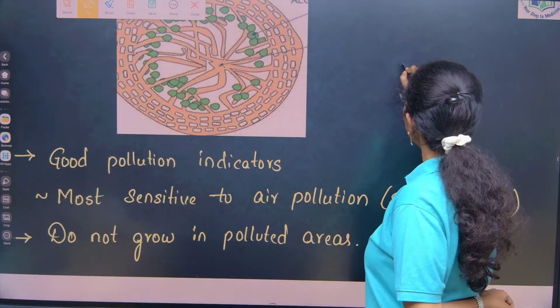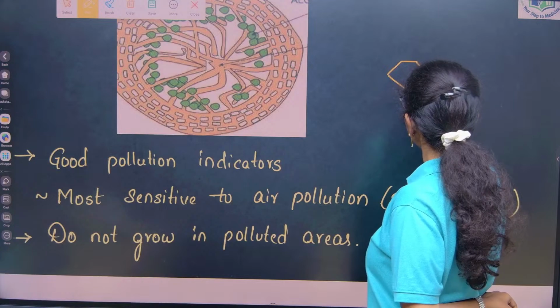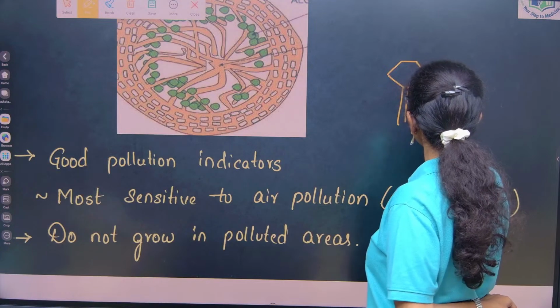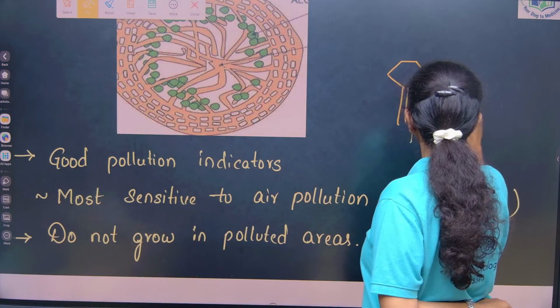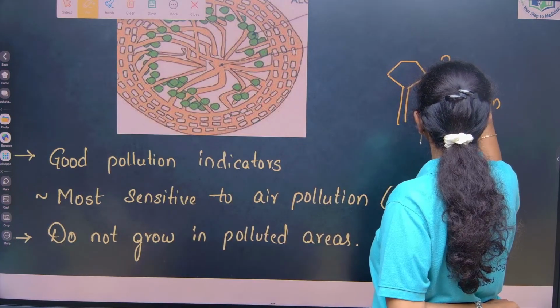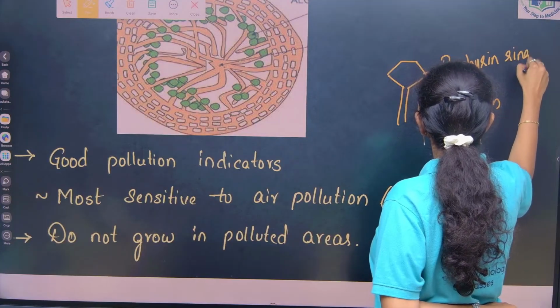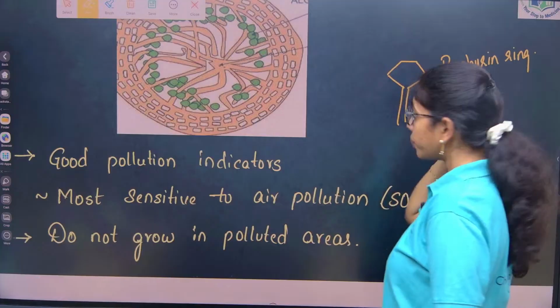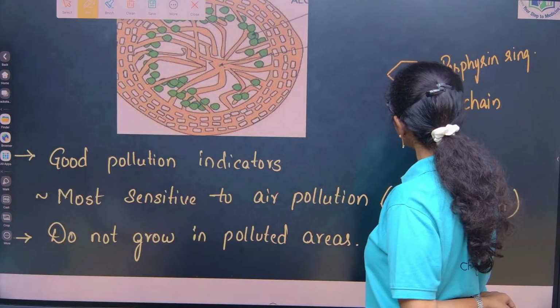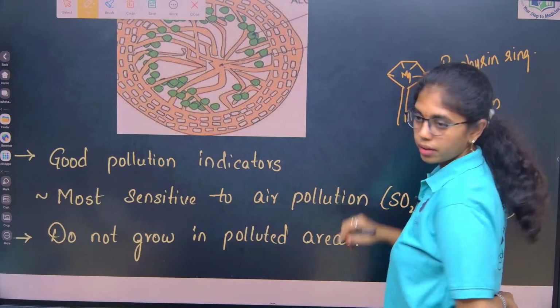It has a porphyrin ring and a phytol chain. At the center of the porphyrin ring, it has what? Magnesium. Magnesium is connected.